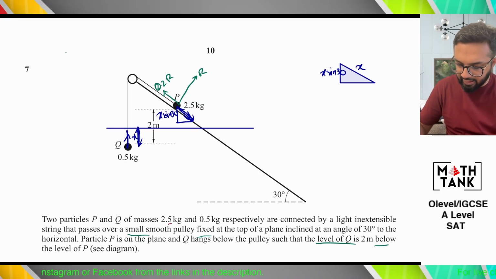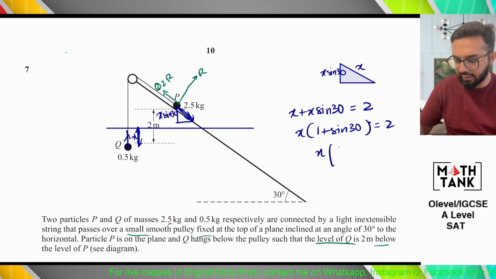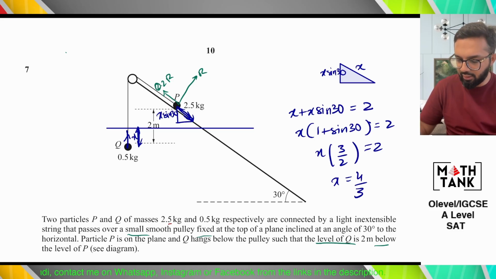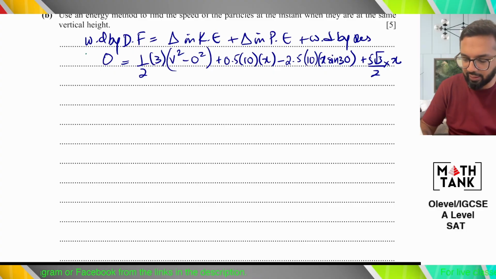Can I say that x plus x sine 30 should equal 2? x times 1 plus sine 30, so that's x times 3 over 2 should equal 2, and x is therefore 4 over 3, because they together have to cover the 2 meters that are between them.